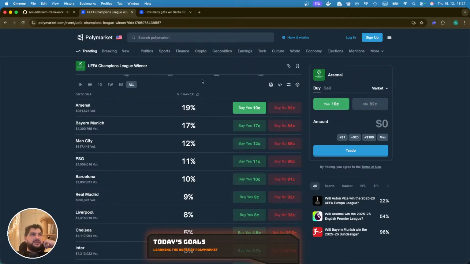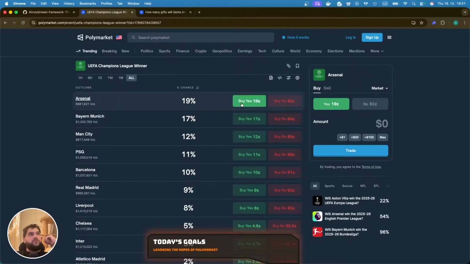So if you purchase one position of Arsenal yes winning for 19 cents, you will get either 0 cents or 100 cents, $1, for the position you hold. And if you do the same with no, you bet against Arsenal, meaning anyone but Arsenal could win, and you can purchase that for 82 cents and get a maximum of $1.